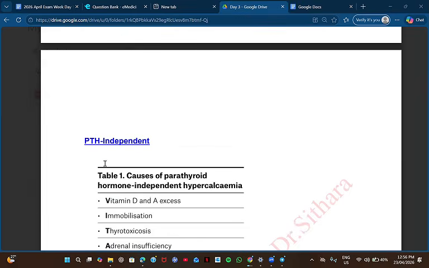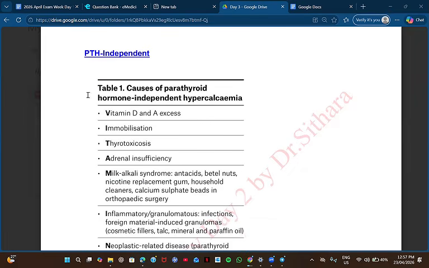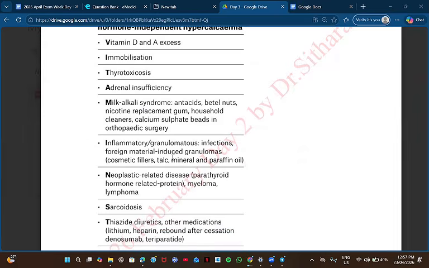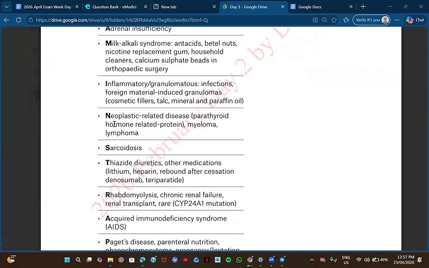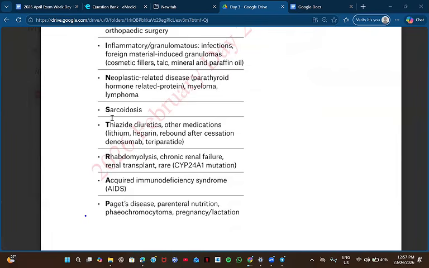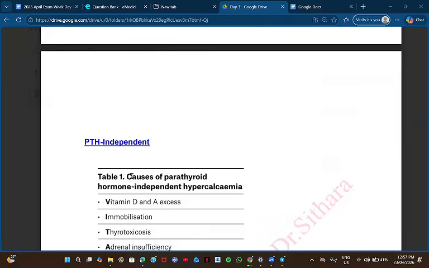But we also have parathormone independent, and the best example is those malignancies, because there is no direct effect from the parathyroid hormone, but they can secrete a parathormone-like peptide. Parathormone independent causes include vitamin D excess, thyrotoxicosis, adrenal insufficiency, milk-alkali syndrome, neoplastic disease like parathyroid hormone-related protein or peptide, sarcoidosis, and thiazide use. All other things are included in these parathormone independent causes.